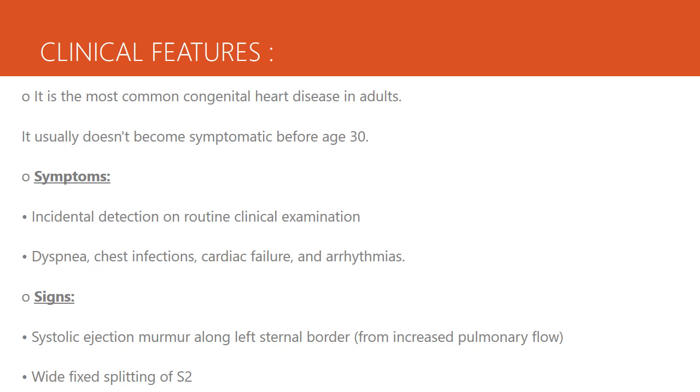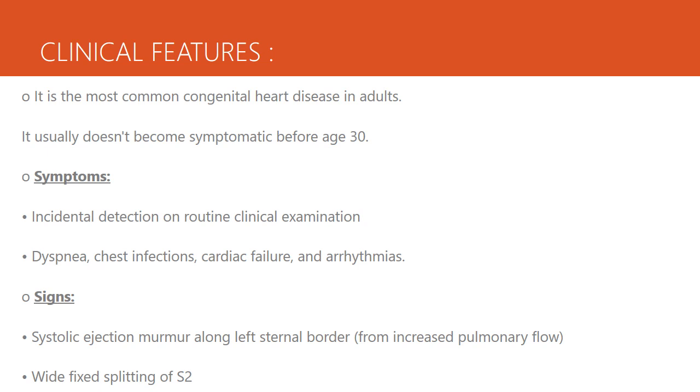In a normal heart, the closure of the aortic and pulmonary valves, which makes up the second heart sound, occurs close together during expiration. This results in two components of S2, known as A2 and P2, being heard as a single sound. However, in the presence of an ASD, there is abnormal communication between the left and right atria, allowing blood to flow from the left atrium to the right atrium.